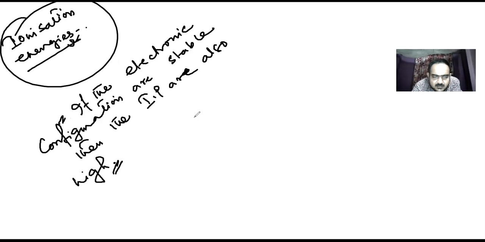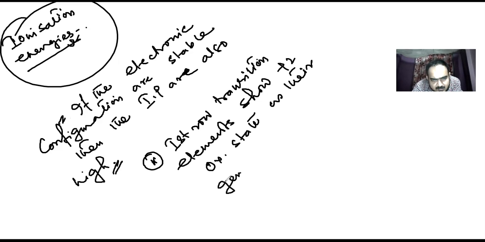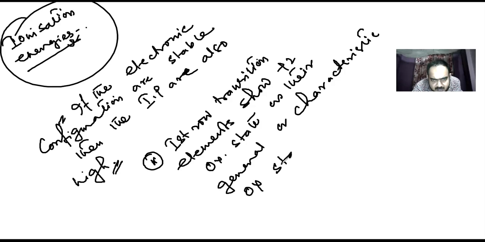Why does this happen? You can see that the first row transition elements show +2 as their general or characteristic oxidation state.